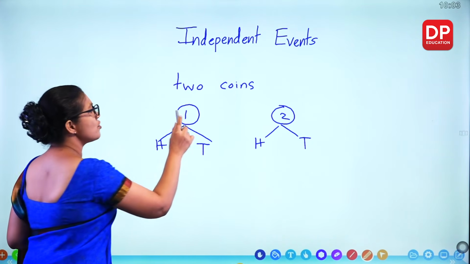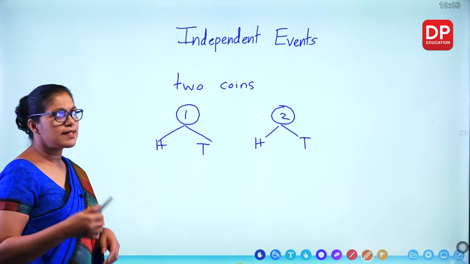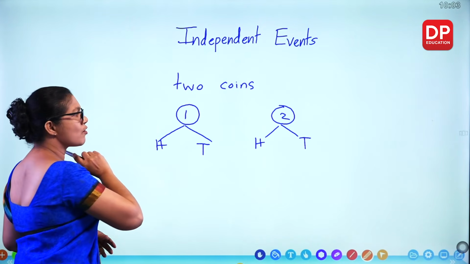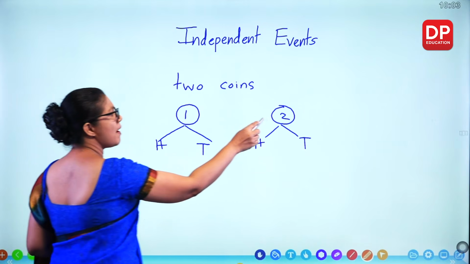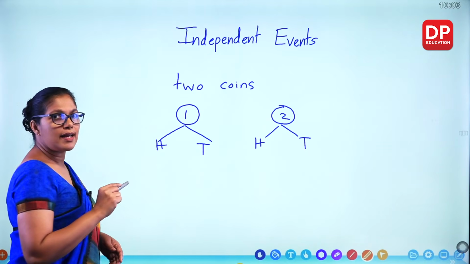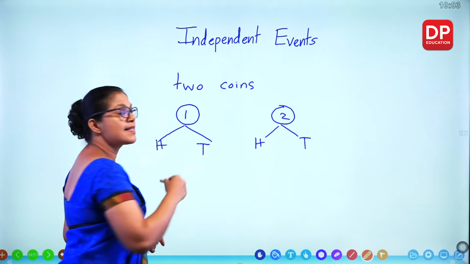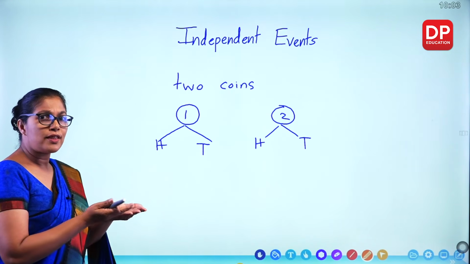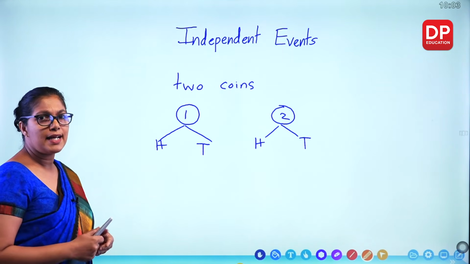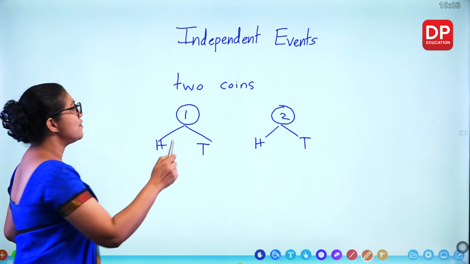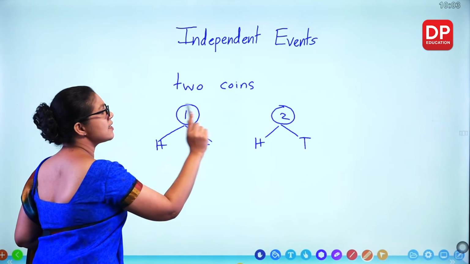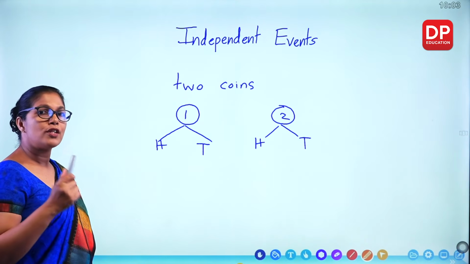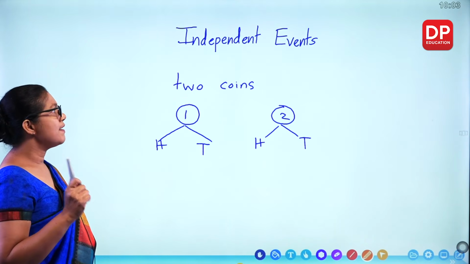When you toss these at once or separately, getting head from the first coin is not affected by the second coin, and getting tail for the second coin is not affected by the first coin. So both are what we call independent events. If the result is not involved with the other event, we call those independent events.